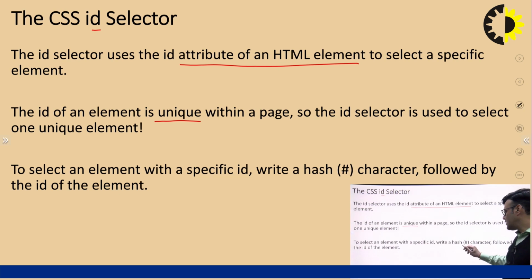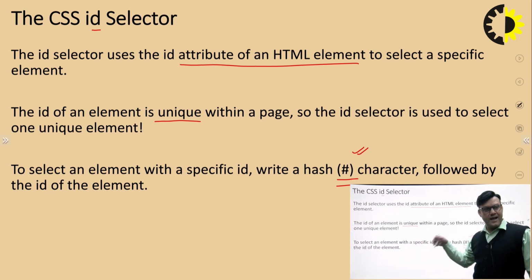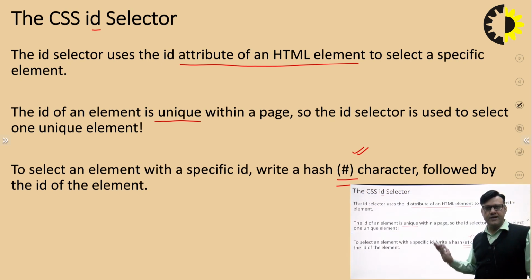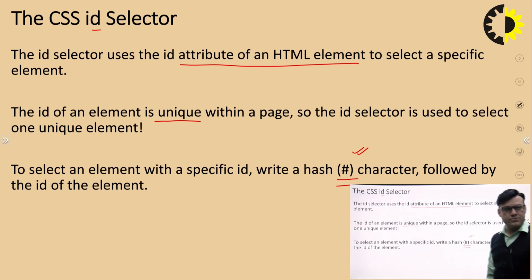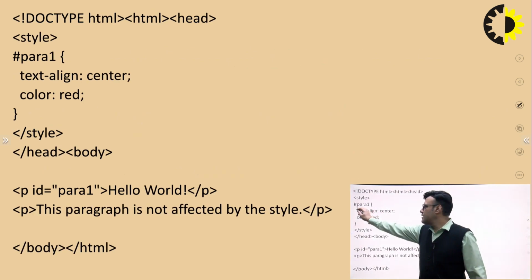Whenever on a coding page you see this hash character, and any name following this hash, then you will know that we have used an ID selector. Okay, students. For example, I have used para1 here.